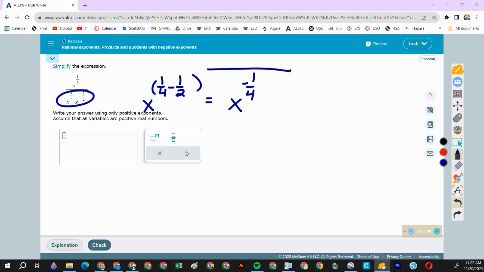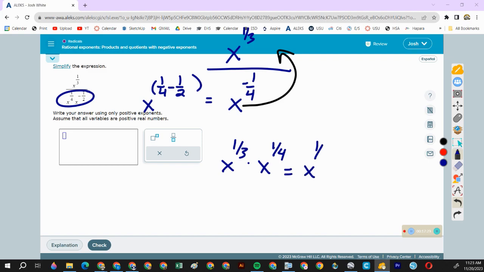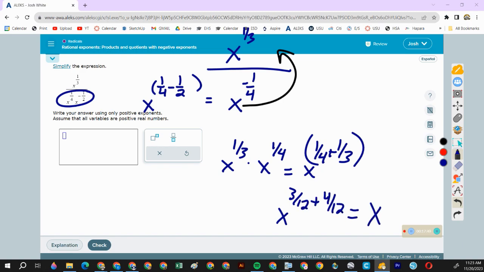So that gives me x to the 1/3 divided by x to the negative 1/4. I don't like that negative exponent. So I'm going to swap this up there, and I get x to the 1/3 times x to the 1/4. We use the product rule again. That is x to the 1/4 plus 1/3. So that is x to the 3/12 plus 4/12. So x to the 7/12.